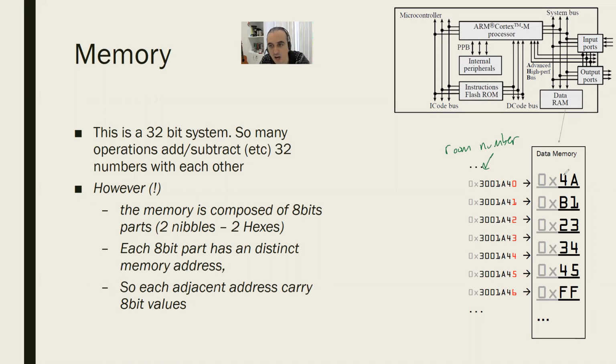But the rooms are 8 bits. Room number, 32-bit. Sorry. 32 bits. But the rooms are 8 bits. I make the same analogy. It's a stupid analogy, but I hope it works for you. We have a hotel. We have hotel rooms. The rooms are 8 bits of size.